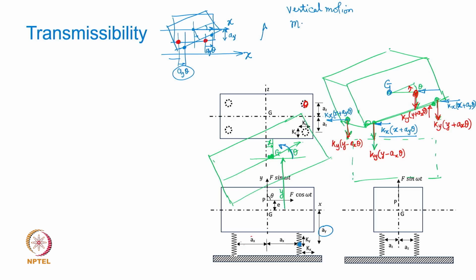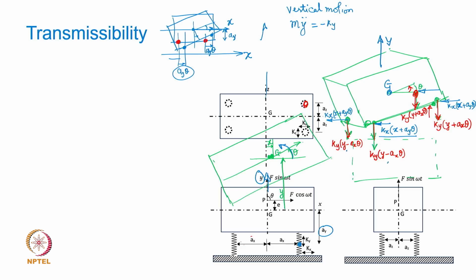So m y double dot, this is y, the vertical degree of freedom. My double dot will be how much? All the forces in the direction of the acceleration, and the forces are all ky related forces. Kx related forces are orthogonal to it, they will not appear in the equation. So my double dot will be minus ky.